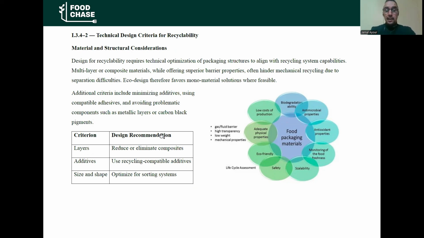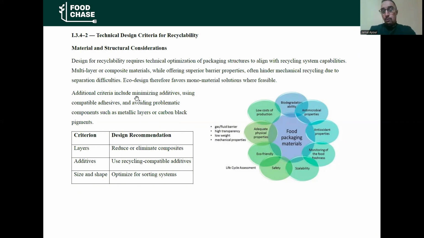And then it depends also on safety of the product, scalability, and application of the product, the areas and sectors of applications. In this table, we developed the different criteria such as layers, additives, size, and shape, and then the ingredients that we use to choose the materials to develop the packaging.